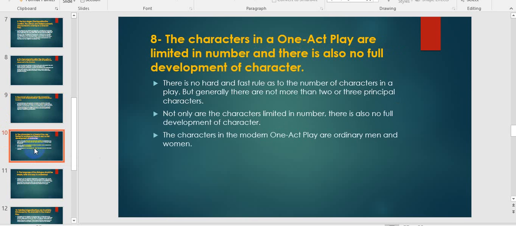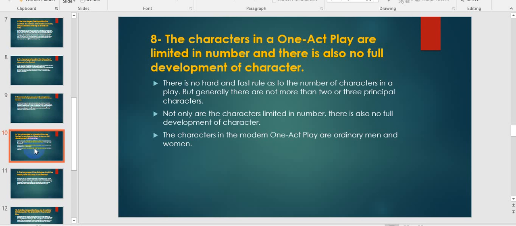Now the eighth point. In terms of characters, the characters in a one act play are limited in number. There are not too many. There are only 2 or 3. There is also no full development of character. The space at the disposal of the playwright is limited.